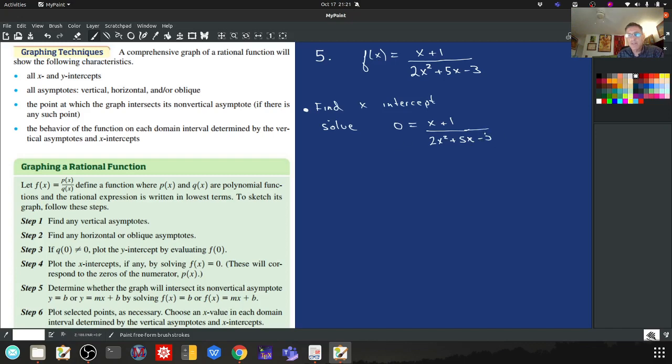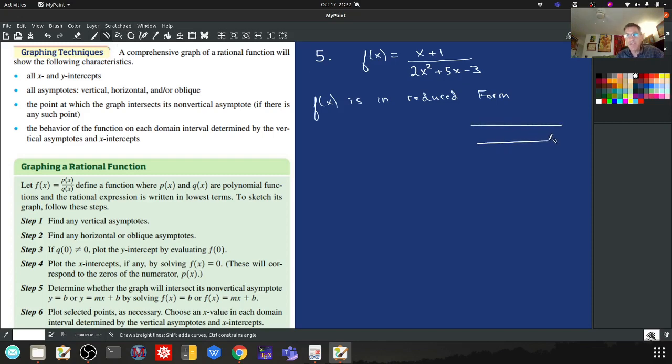If I clear the denominators, well, what should we do first? Actually, let me do this full on. Before we do anything, I have to make sure that f of x is in reduced form. So the only thing we have to do is see if 2x squared plus 5x minus 3 can be factored.